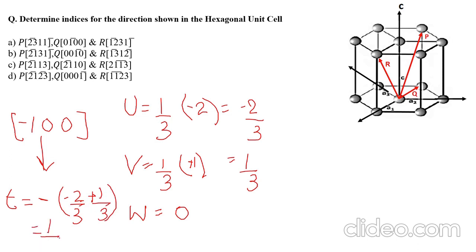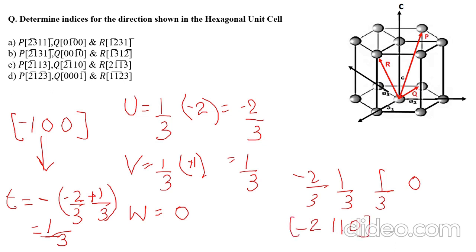So now the coordinates are -2/3, 1/3, 1/3, and 0, right? So you can have -2, 1, 1, 0. This is your direction for Q. Is it clear?